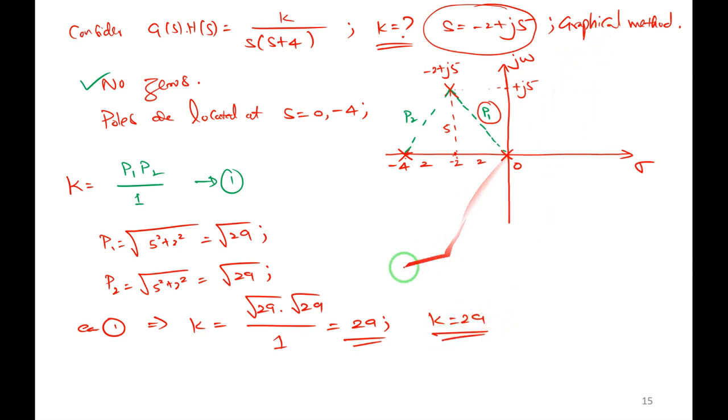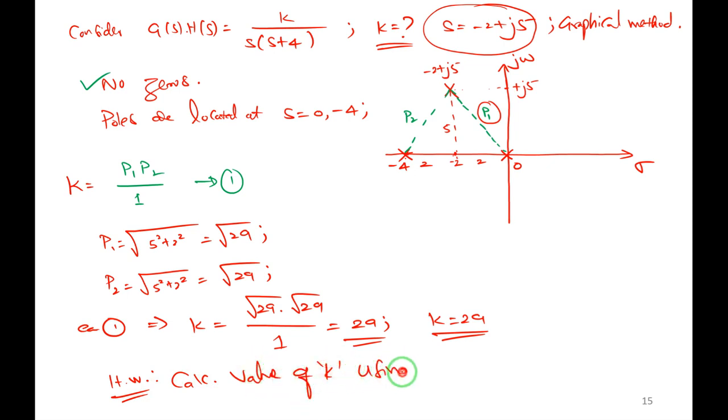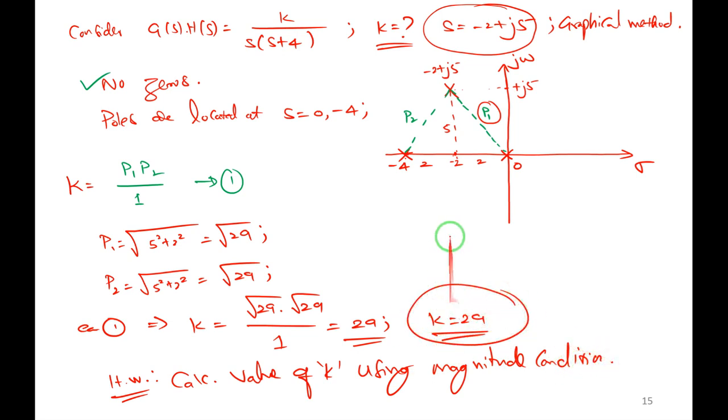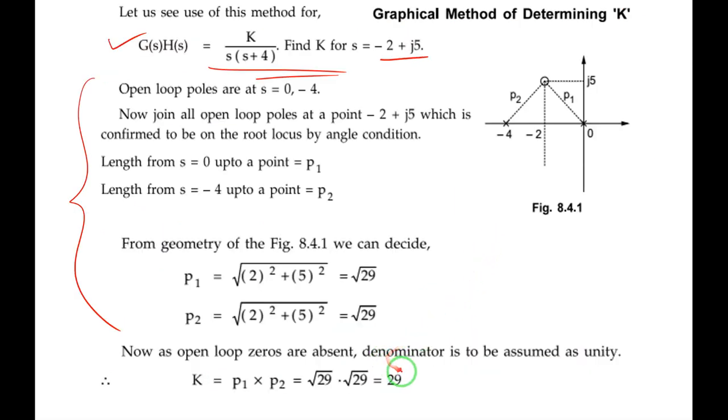Using the magnitude condition, you do it as homework I am giving. Calculate the value of k using the magnitude condition. So you should get the same value, k equal to 29 only, right? So they are done here, k equal to 29.